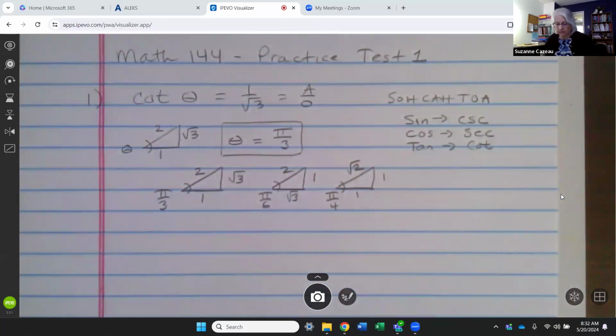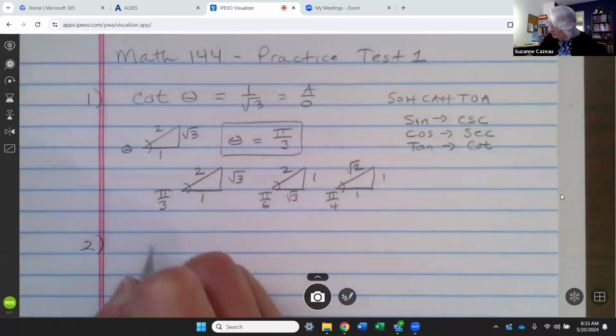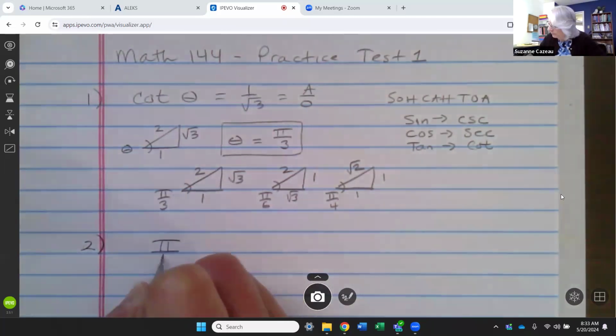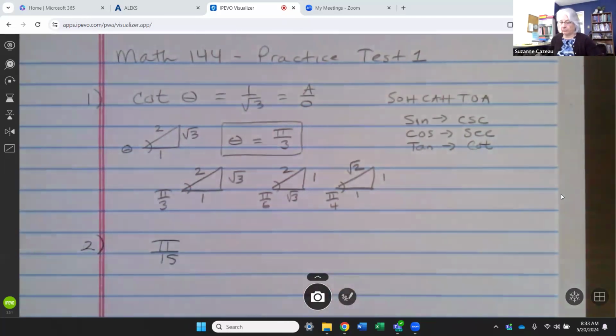Okay. Number 2 says, convert the given angle in radian measure into degrees. We have pi over 15 radians, and we want to get that into degrees.